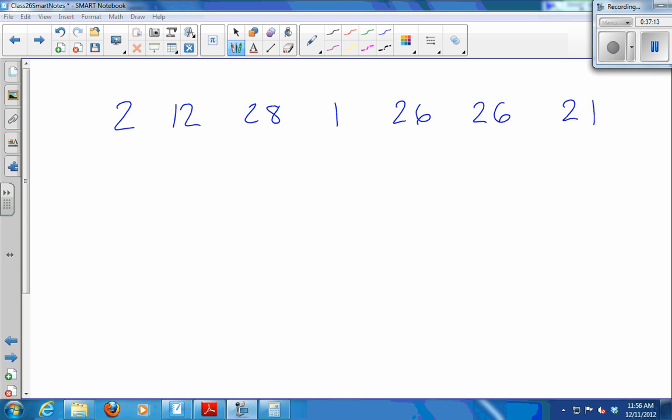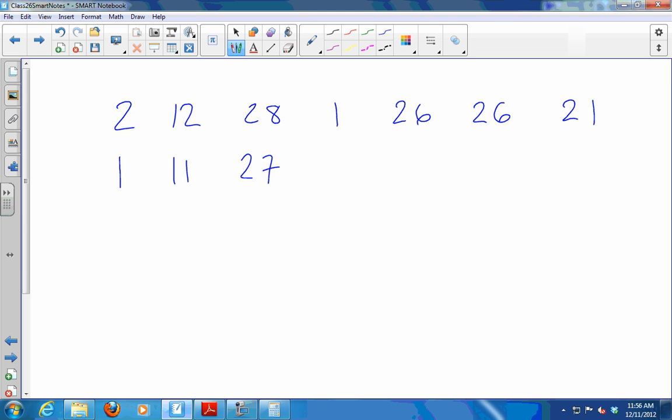Undo the plus 1 by subtracting 1, so we get 1, 11, 27, 0, 25, 25, 20. So that undoes the plus 1 part. To undo the multiplication by 5, what do you multiply by? 6, because we know that 5 and 6 are inverses in mod 29.